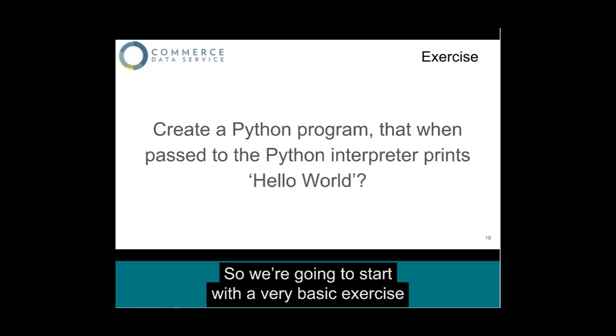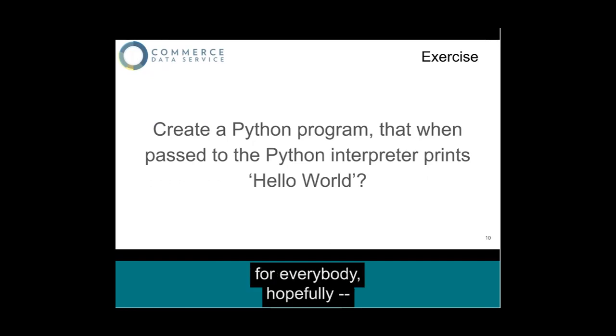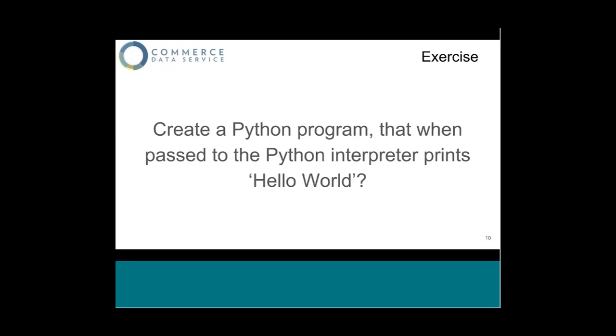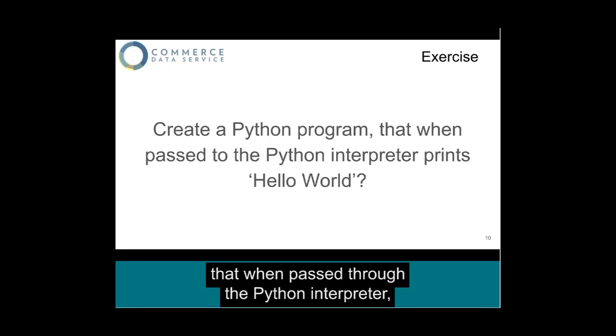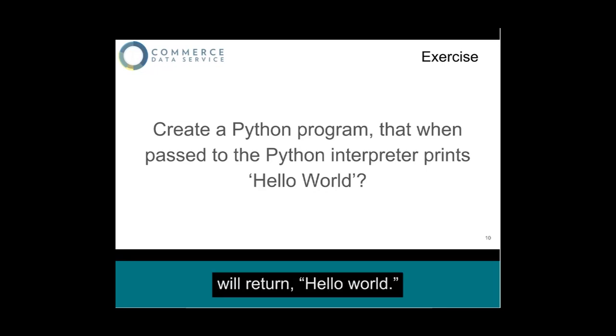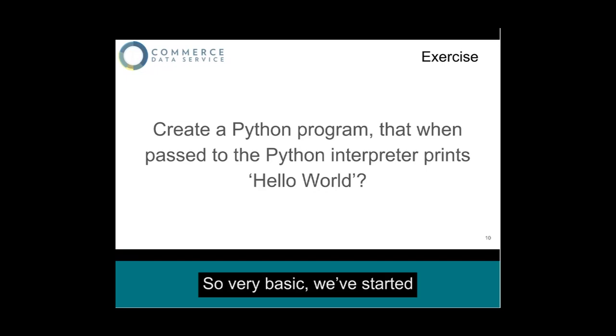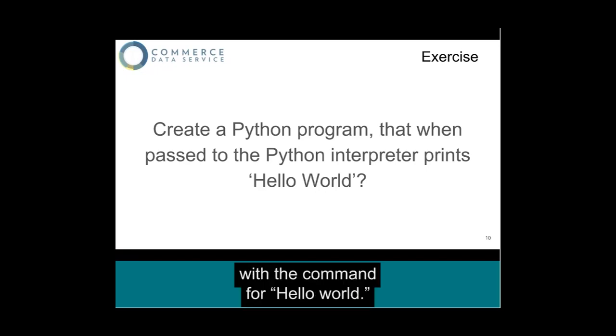So we're going to start with a very basic exercise for everybody, hopefully: everybody can start with creating a Python program, an external file that you save, that when passed to the Python interpreter will return hello world. So very basic, we've started with the command for hello world.